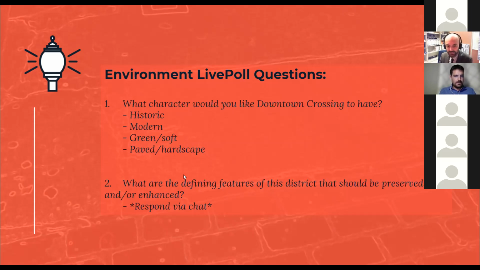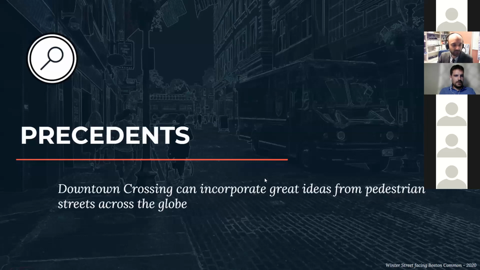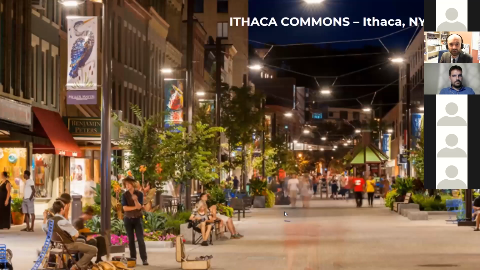Okay, moving on to our next to last theme, our precedents. So looking at some peer cities and ideas that we can borrow from and adapt to Downtown Crossing. We've chosen a couple of cities here from around the country and around the world.